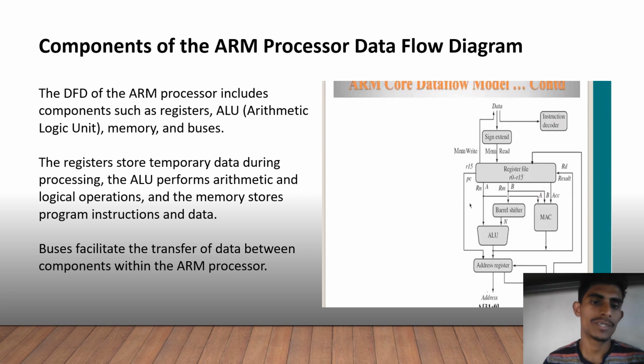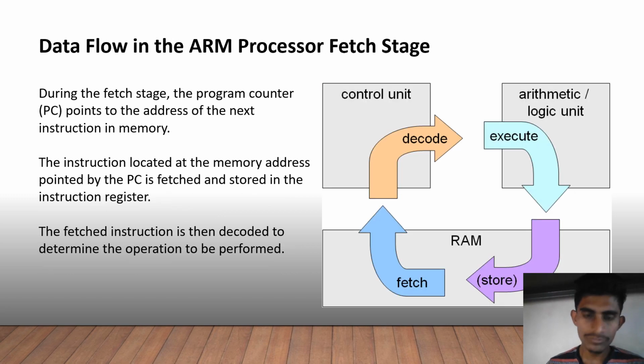We know the logical operations already: AND, OR, and NOT are the logical operations. And memory stores the program instructions and data, and buses facilitate the transfer of data between components within the ARM processor. Now the data flow in the ARM processor fetch stage.